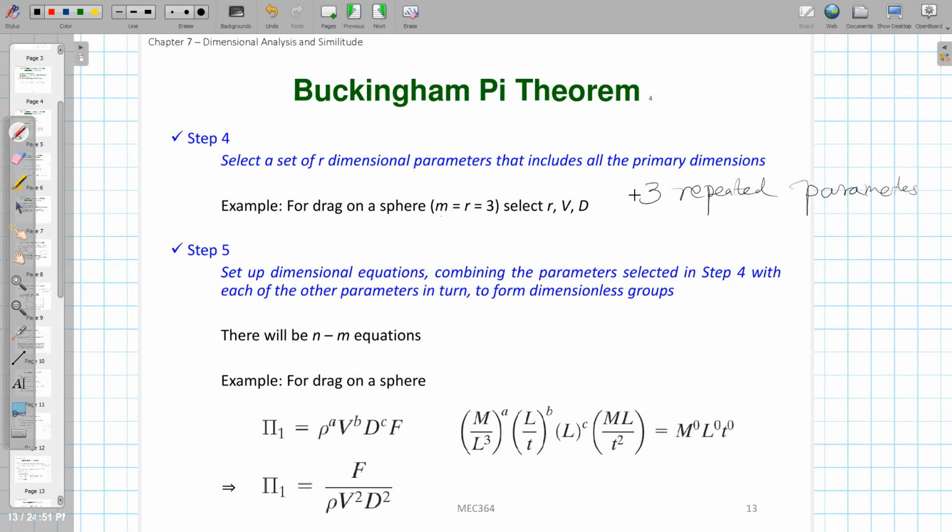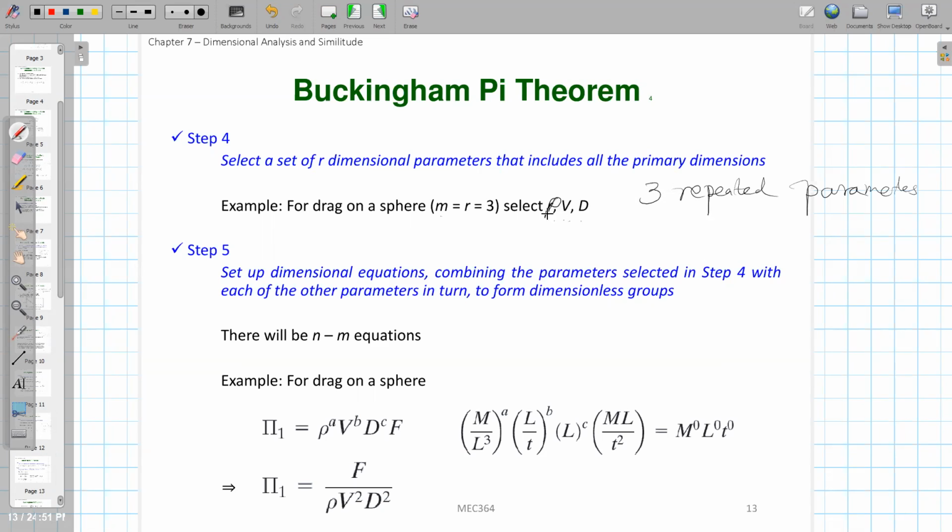Usually we just choose, sorry, this is not length, this is rho. So we choose the density, the velocity, and the diameter as the repeated parameters. What's a repeated parameter?